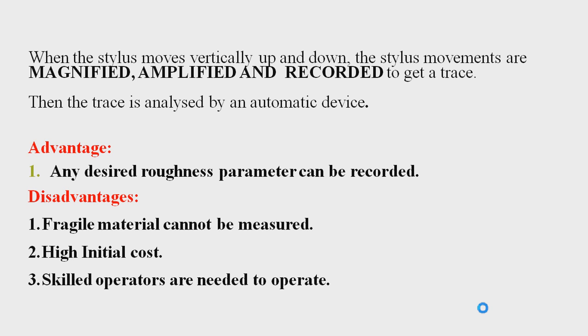Then this trace is analyzed by an automatic device. The advantage of this method is that any desired roughness parameter can be recorded. The disadvantages are that fragile metal cannot be measured, the initial cost is high, and skilled operators are required to carry out the measurement process.